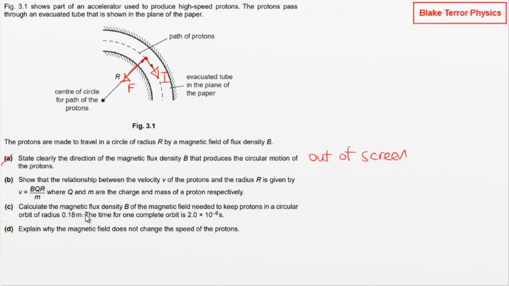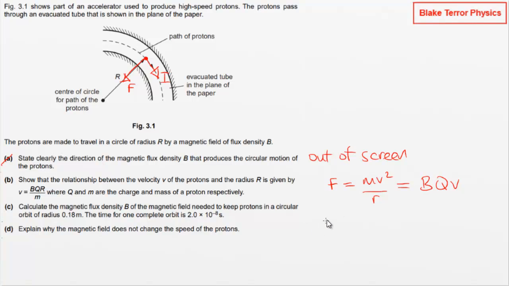Part B: show that the relationship between the velocity v of the protons and the radius r is given by that, where q and m are the charge and the mass of the proton. So we've got our circular motion, F equals mv squared over r, and that is going to be equal to Bqv for our charged particle moving in a magnetic field.